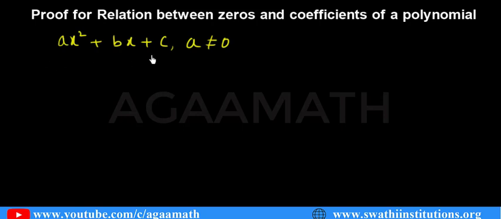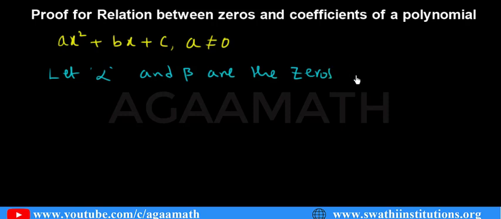So now, to show the proof or the relation between zeros and coefficients of a quadratic polynomial, let alpha and beta be the zeros of ax square plus bx plus c.